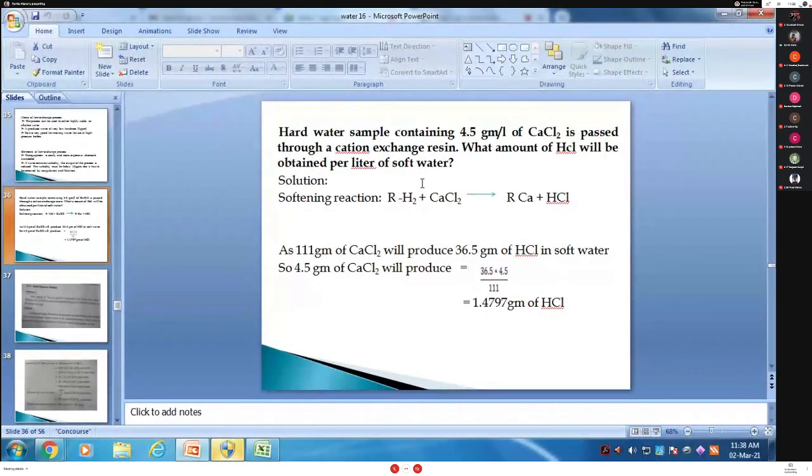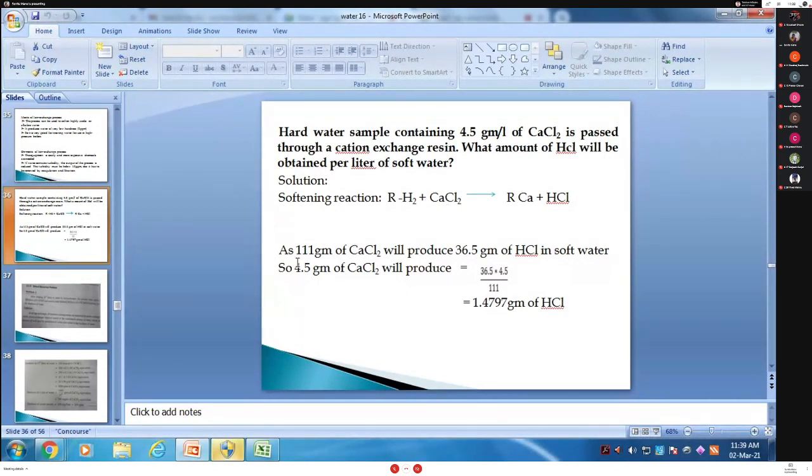Okay, then you see the solution. The softening reaction: what is the reaction involved? Write down RH2 plus CaCl2, give the arrow, write down RCa plus HCl. R is the functional group.